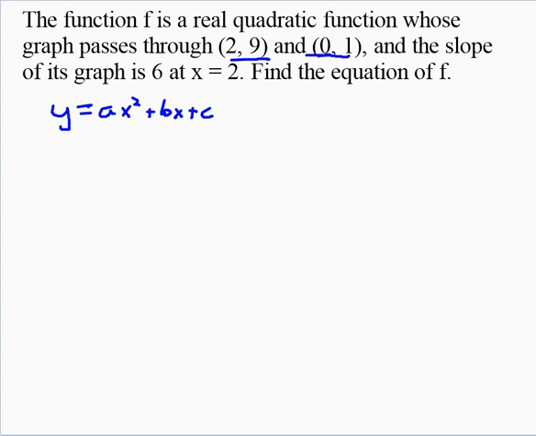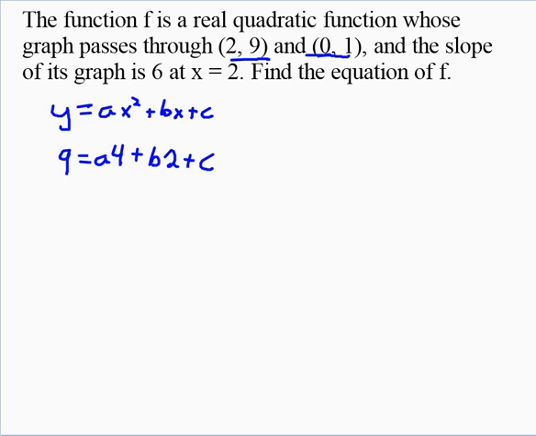This will actually give us two new equations. So we know when we put in 2 for x, we'll get 9 for y. So when y is 9, x is 2. If we put 2 in here, we get 4a plus b times 2 plus c.